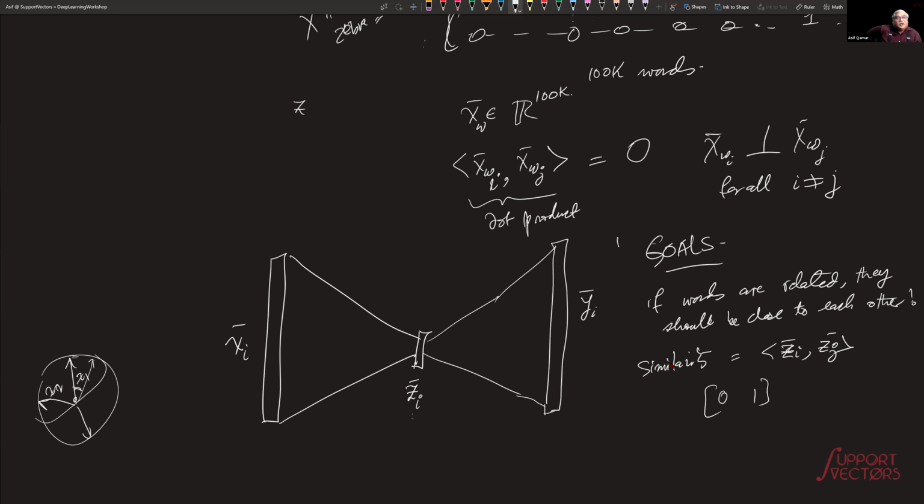So synonyms and antonyms are not that different, but an unrelated word, for example, you're talking of zebra and you bring in a hammer, then they're unrelated. They should be far off. Yes, the notion of similarity is very general here, but now we will give it a specific meaning.